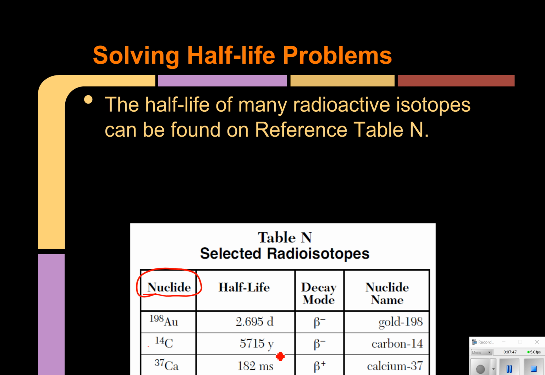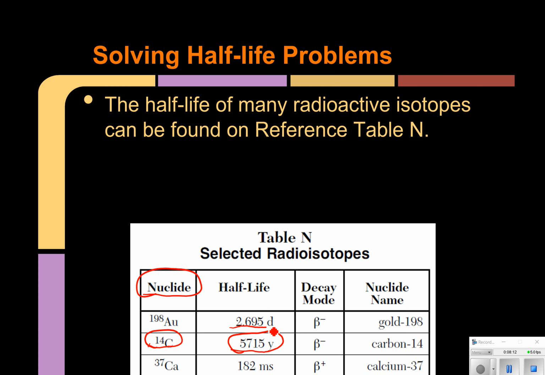Carbon-14's half-life is one of the larger ones, 5,715 years. So if we're talking about one nucleus of carbon-14, it's going to take roughly 5,715 years for that one nucleus to change into another isotope and become more stable.